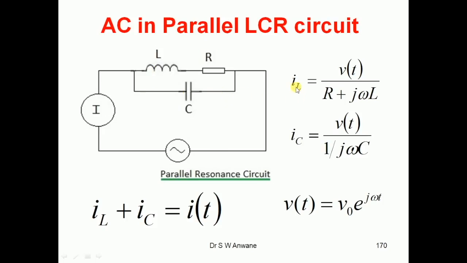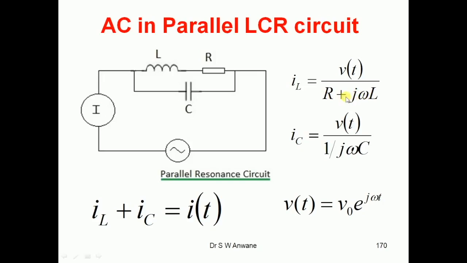Now IL will be instantaneous voltage divided by the reactance of series combination of L and R. So R is pure, omega L is lagging by pi by 2, represented by this j.